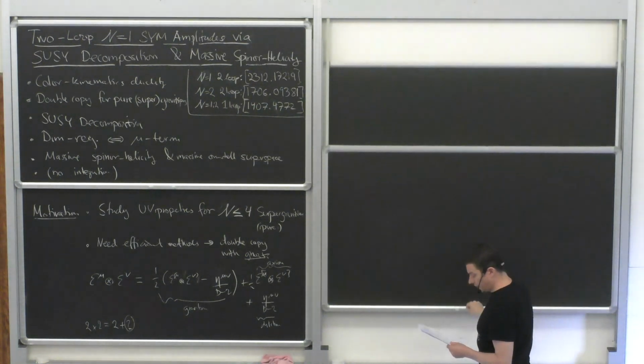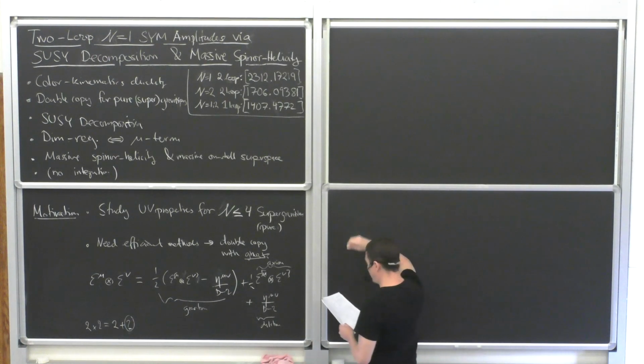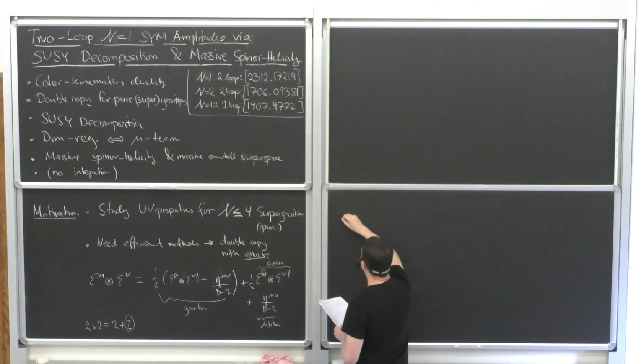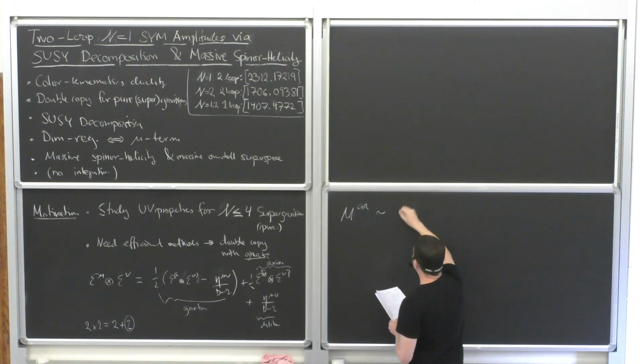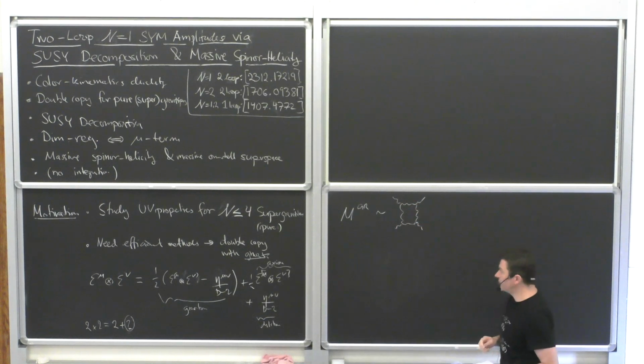Let me give you an example. So if I want to compute a one-loop amplitude in GR, I will have to look at some diagrams. For example, let's say I do 4 points, so I will have my favorite box integral.